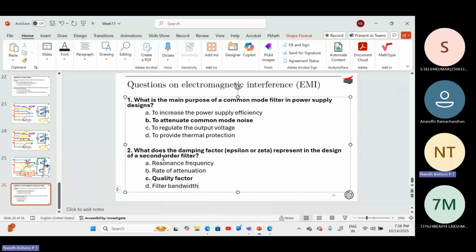So what does the damping factor represent? What is the answer? Option D. Option D, filter bandwidth. So how is it related?